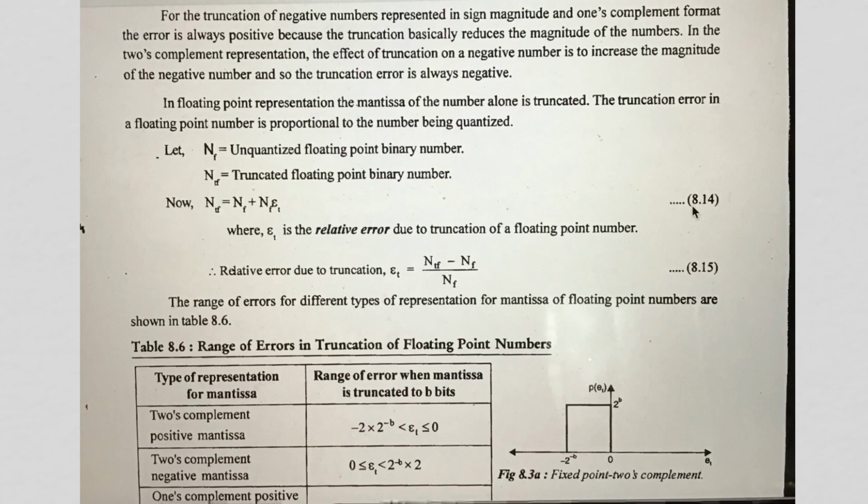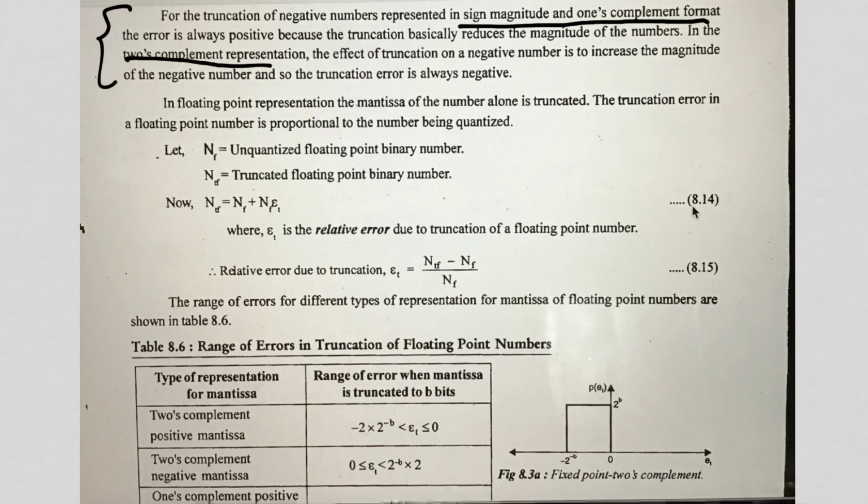Whereas in the 2's complement representation, the effect of truncation on a negative number is to increase the magnitude of the negative number, so the truncation error is always negative. This is a summary of the effect of truncation in negative number representation, in sign magnitude, 1's complement as well as 2's complement format.